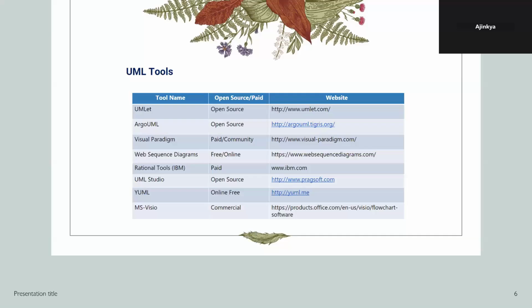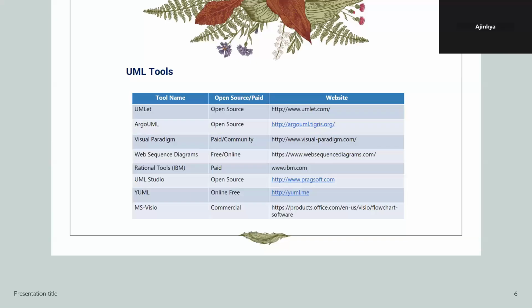MS Visio is now commercial; previously it was a free tool, and if I have access, I can check and give it to you. Apart from that, Lucidchart is the best option. There is a 30 day trial period, and in that period you can explore all the options and work on your flowchart diagram.